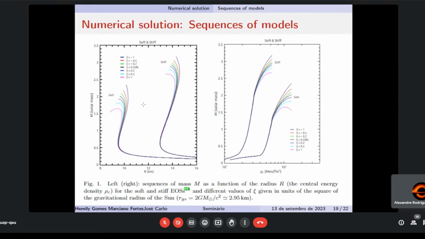And here we can clearly see the behavior of the curve with Xi equals 0, which is equivalent to general relativity, and changing the value of Xi, we can reach bigger masses for the neutron star. Here we have the proper units, solar masses and kilometers.